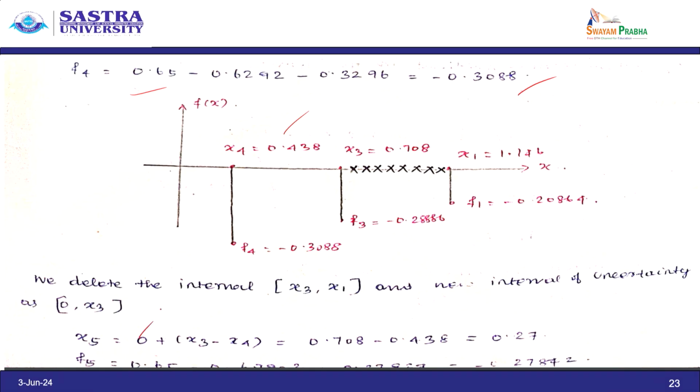So, the lower is 0 and x3 minus x4 equals 0.708 minus 0.438, which is 0.27. Substitute it in the given equation: f5 equal to 0.65 minus 0.6087 minus 0.37877, which is equal to 0.27842.